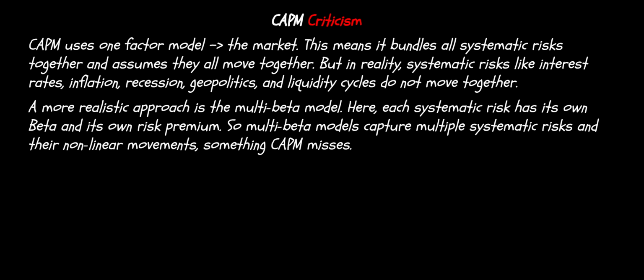Therefore, a more realistic approach is a multi-beta model. In a multi-beta model, each systematic risk has its own beta and its own risk premium. So, multi-beta model captures multiple systematic risks and their non-linear movements, something CAPM misses.